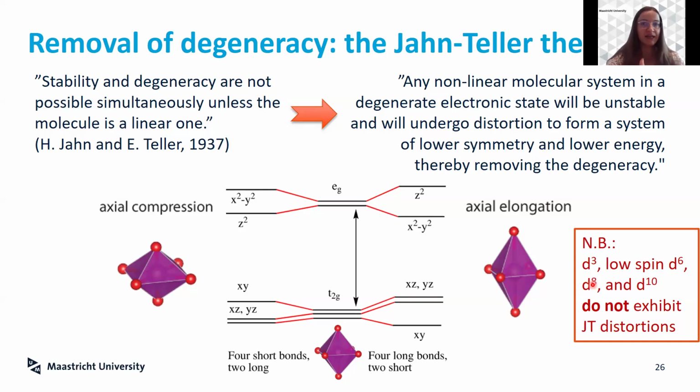So the Jahn-Teller theorem is the one that dictates that the stability of a complex and the degeneracy of its levels are not compatible at the same time unless you have a molecule that is linear, which was later evolved into the idea that any system that is not linear, in which you end up having energetic degeneracy in the orbitals that could potentially be removed, will undergo a removal of the degeneracy. So if you have it, then you will try to take it away.